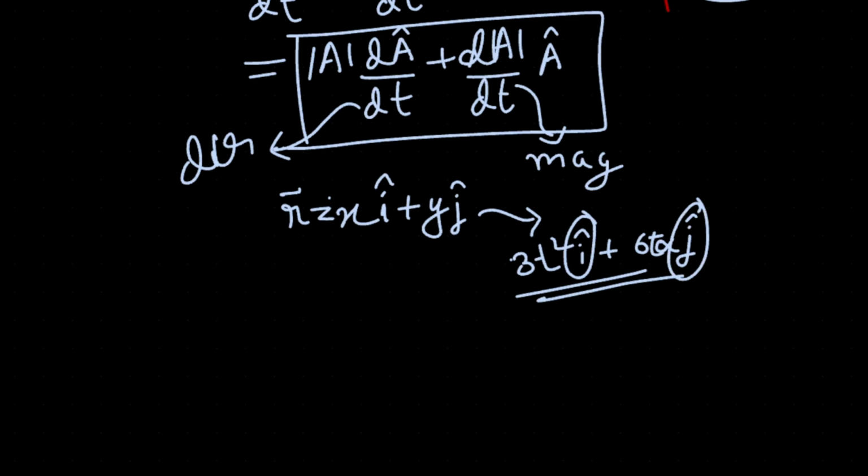Why is that so? Why didn't we differentiate the i cap and the j cap? We only differentiated these coefficients with respect to time and not the directions.